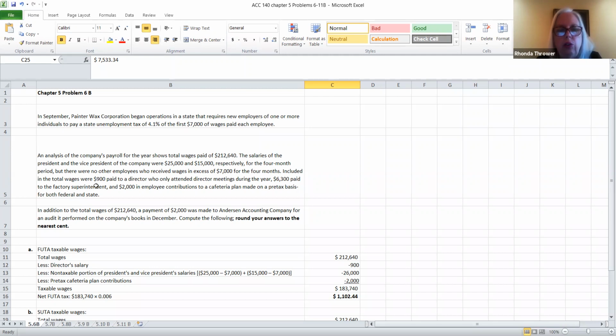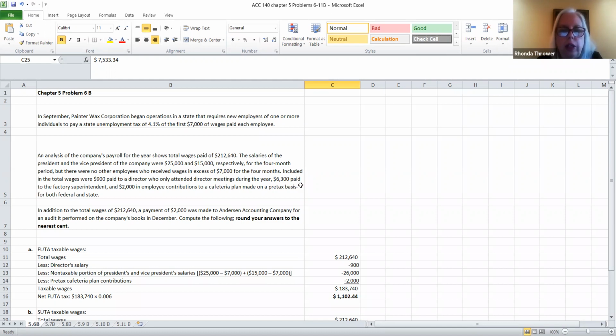Included in the total wages were $900 that was paid to a director who only attended director meetings. And so this $900 is not susceptible to unemployment taxes because this is a director of the corporation and they are not employees of the corporation. They only attend meetings for the board of directors for the corporation.